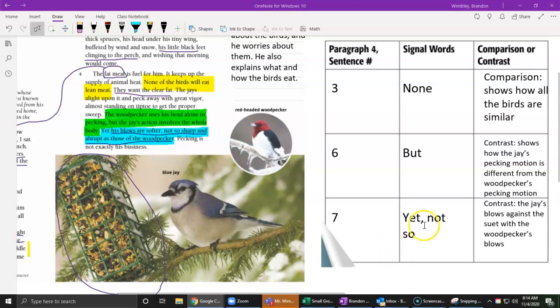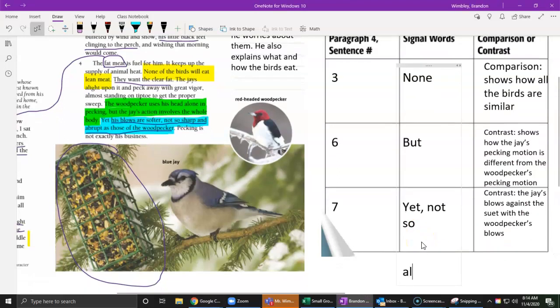And when we do our own writing that we will start next week for this, I want you to try to use these signal words as well to show the structure, to show how something is similar and how something is different. Now, we have some other signal words as well that I want you to also notice before we end this lesson. We can use the word also. Also is what?